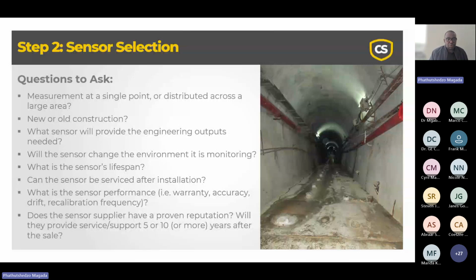Does the sensor supplier have a proven reputation? That is very important. Will they provide service? Aftermarket service is very important. So if we have those questions addressed, we'll be able to make the right decision when it comes to sensor selection.